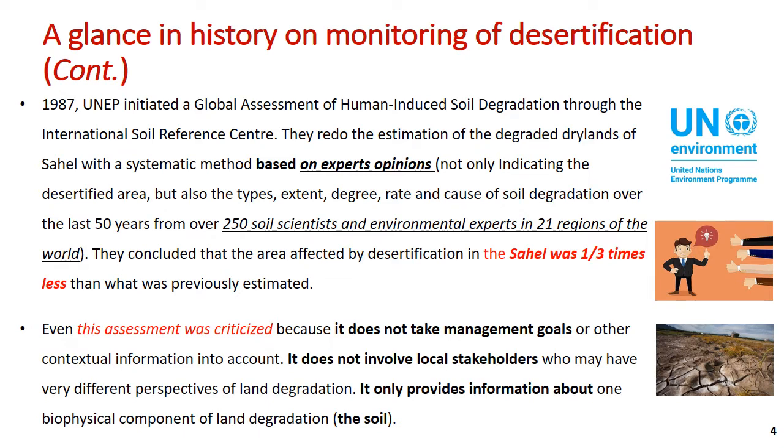It doesn't take the management goal. It does not involve the local stakeholders. It doesn't involve people. It didn't ask them and so on. And it only provides information about desertification, only about the environmental aspect, and specifically only about the soil. That's why it was criticized.